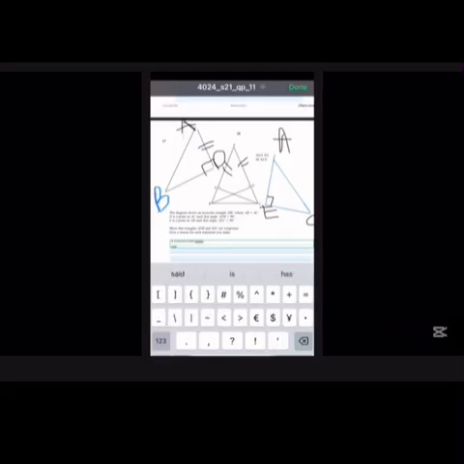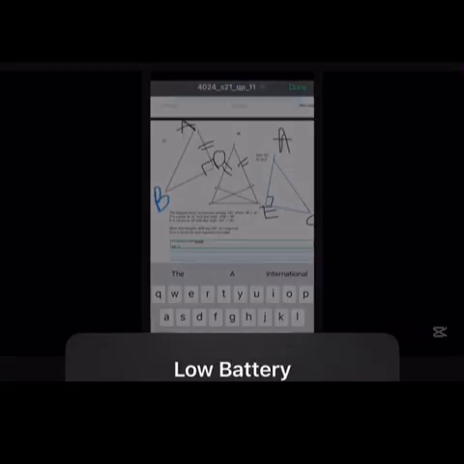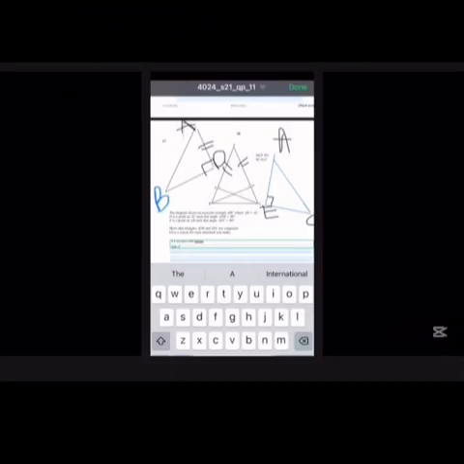Angle ADB is equal to angle AEC is equal to 90 degrees. The postulate will be angle, side, angle.